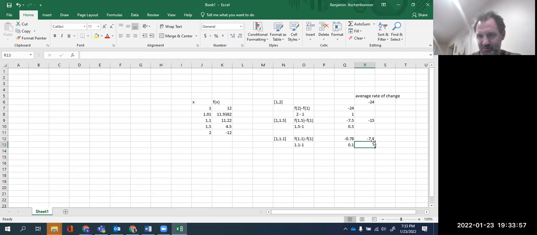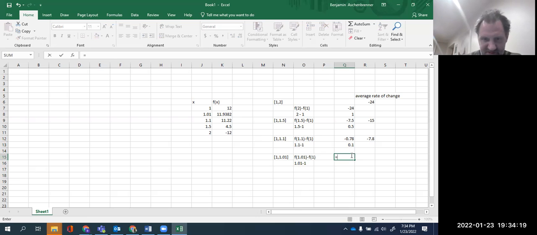So it's dropping here. We started off with negative 24, then we have negative 15, now we have negative 7.8. Let's go one more, from 1 to 1.01. I'll copy this again and stick in some zeros. This value is going to be really small because these numbers are getting very close together, but I'm also dividing by a very small number because 1.01 and 1 are very close together.